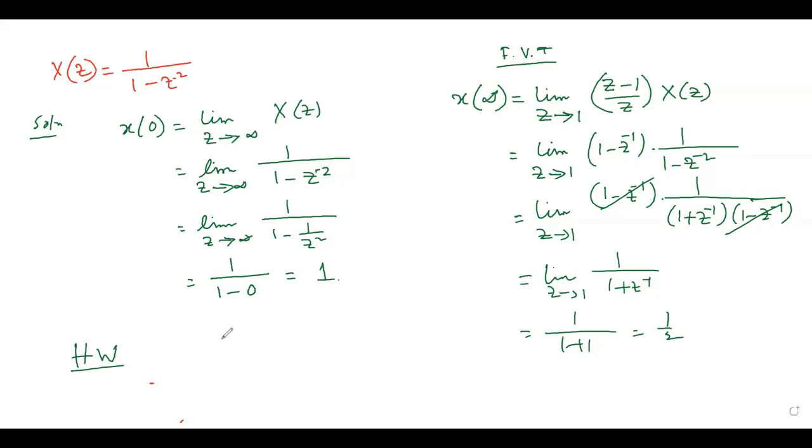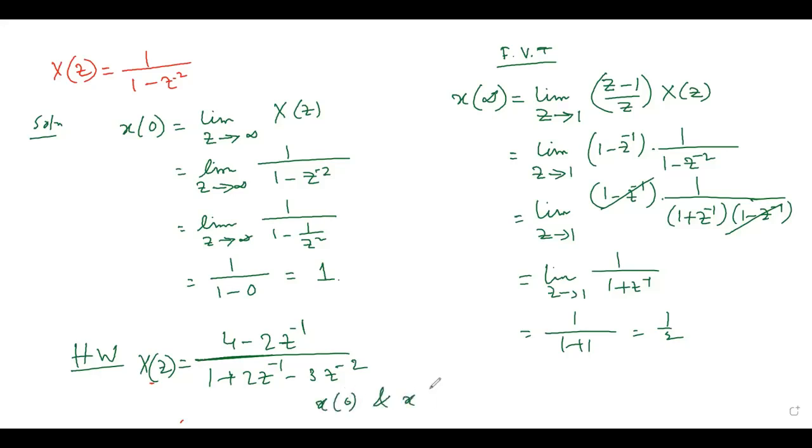4 minus 2z inverse by 1 plus 2z inverse minus 3z to the power minus 2. A signal xn whose z transform is this. Find its initial value and the final value.